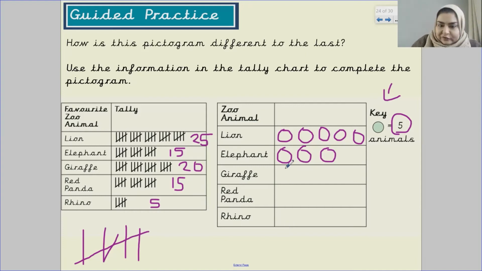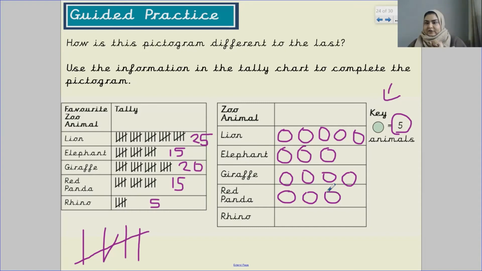So I am going to draw 4 circles. Now the panda says 15, so I'm going to count in fives until I get to 15. 5, 10, 15. So that was 3. And the rhinos are 5, and I'm going to count in fives until I get to 5. 5. So I'm going to draw 1.